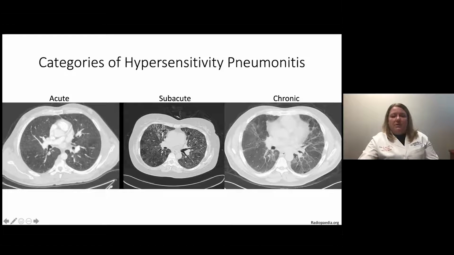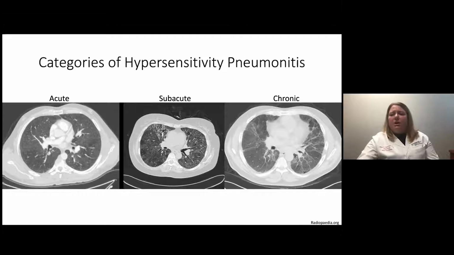But then we also start to see scar formation, and this means that over time, all this inflammation has been ongoing and we're starting to see more chronic changes. As we move here to the chronic picture of hypersensitivity, again, there's background ground glass or haziness where we can see the lung markings, but they're not as clear as they should be, and this should be a darker color gray.